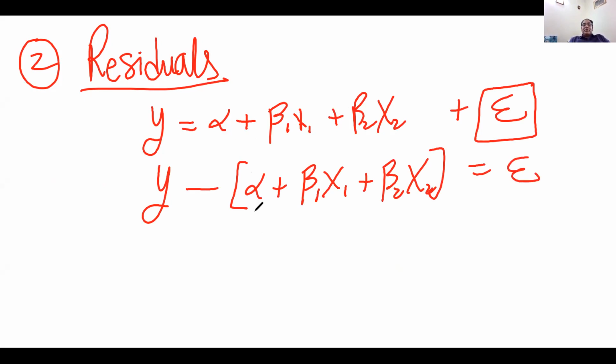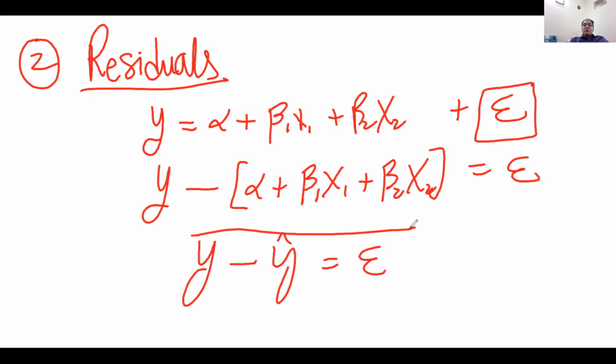This is called actual y and this is called predicted y. Now the requirement is that the predicted value of y should be closer to the actual y, so that this error term should be as low as possible.